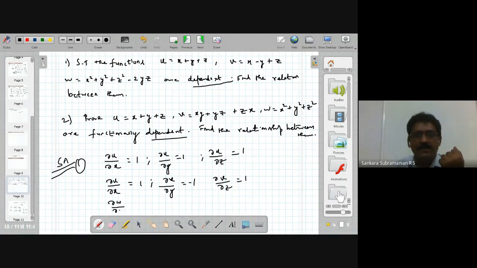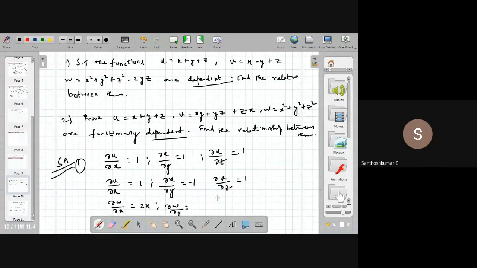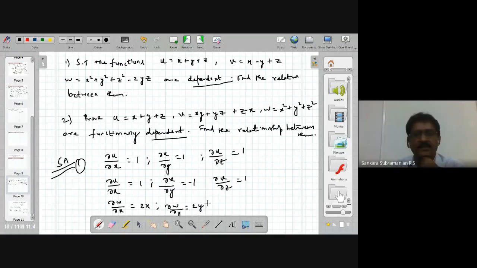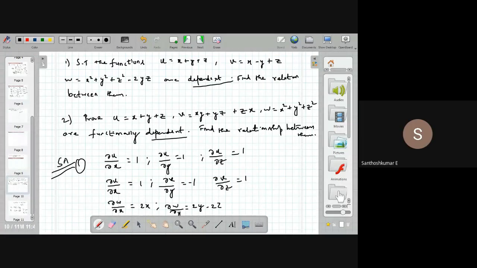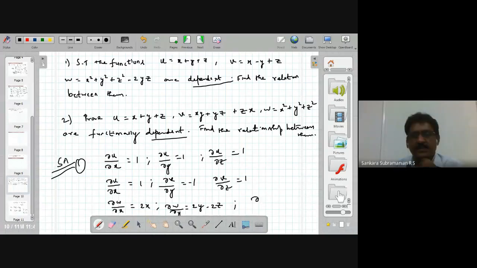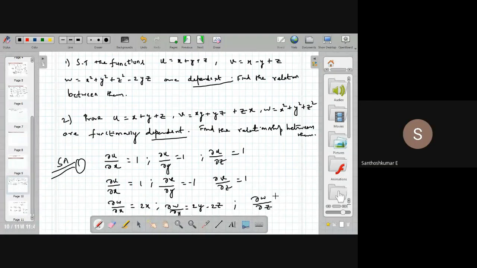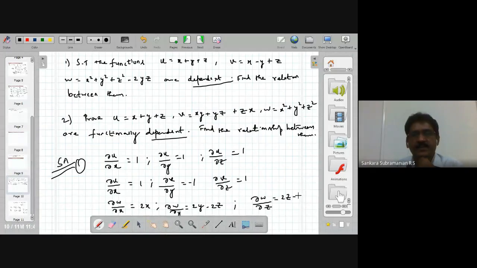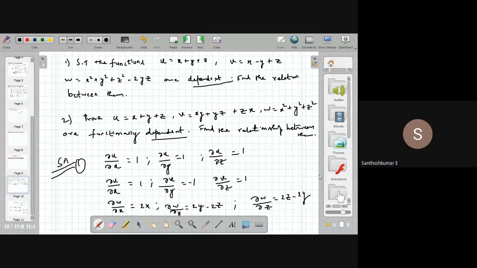Dou w by dou x, we get 2x. Dou w by dou y, we get 2y minus 2z. And dou w by dou z is equal to 2z minus 2y.